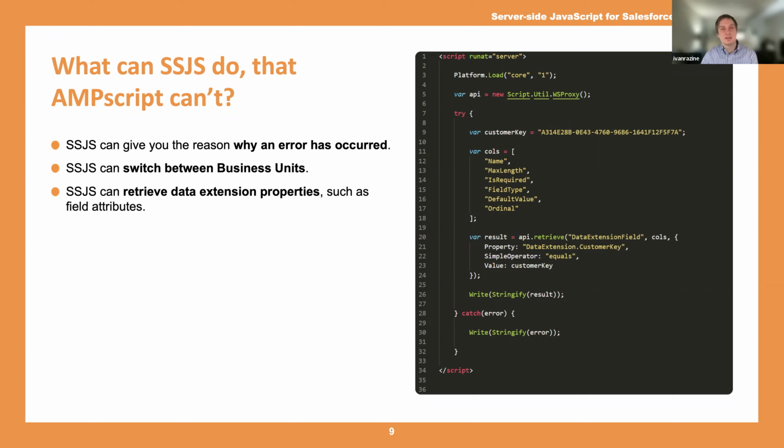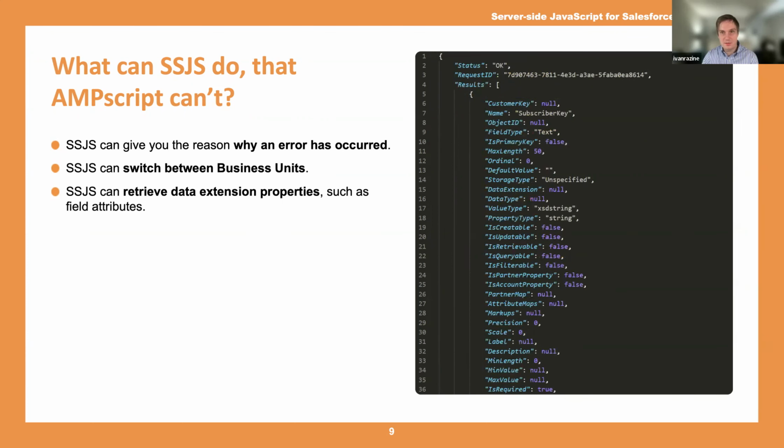Ordinal is something that is hidden by default. Ordinal is basically the order in which your field should be displayed in that extension. The interface does not necessarily respect that order, but at least we can retrieve that value and use it somehow in our code.